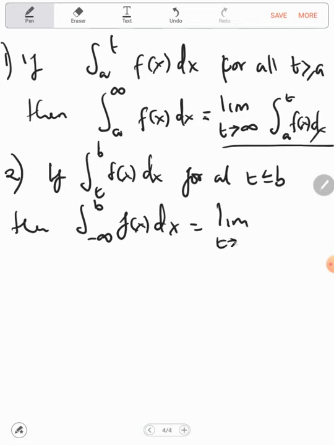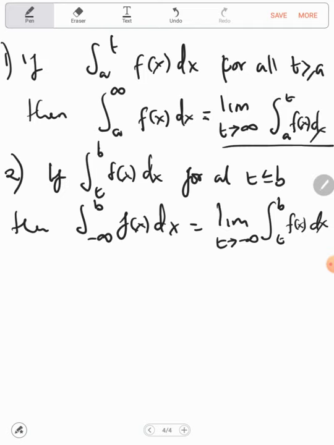So the limit as t goes to minus infinity of, where there was minus infinity we put t, the integral from t to b of f of x dx. So this is how we introduce the limits for an improper integral.